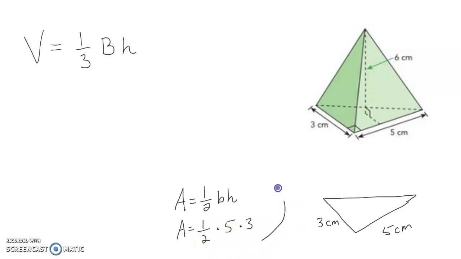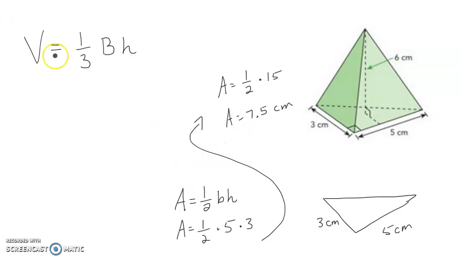So A equals 1/2 times 15, which is the same thing as 15 divided by 2. So I get area equals 7.5 centimeters.